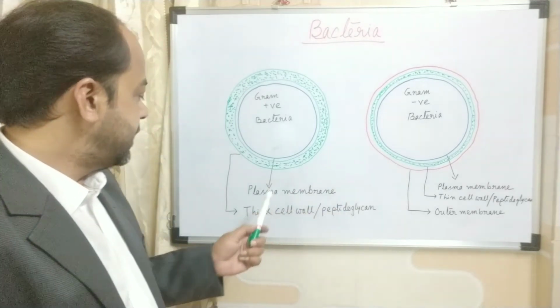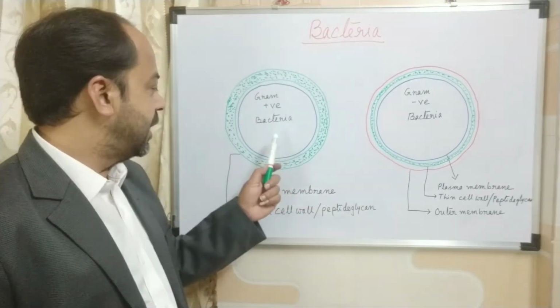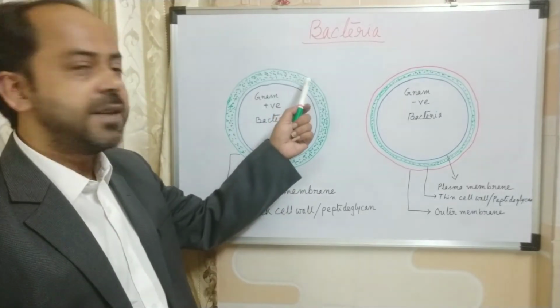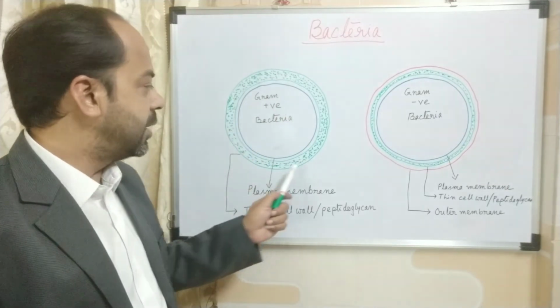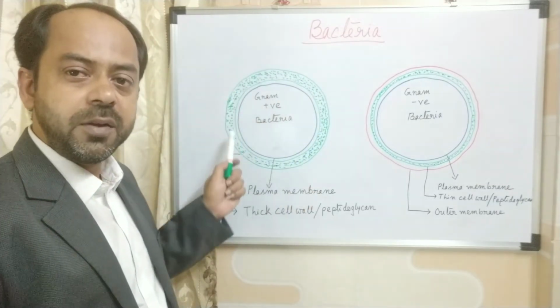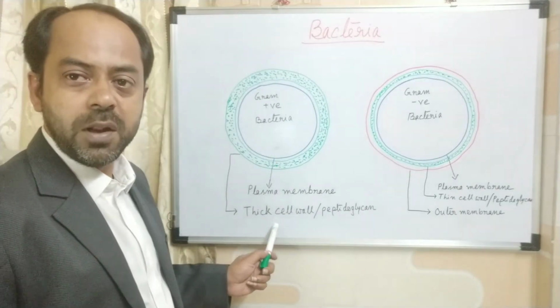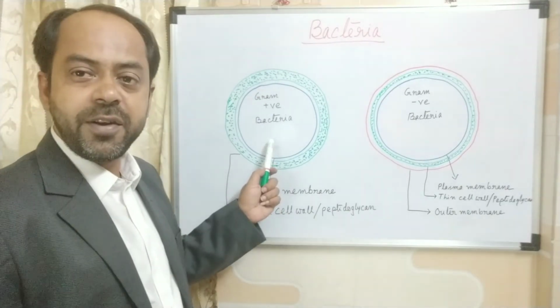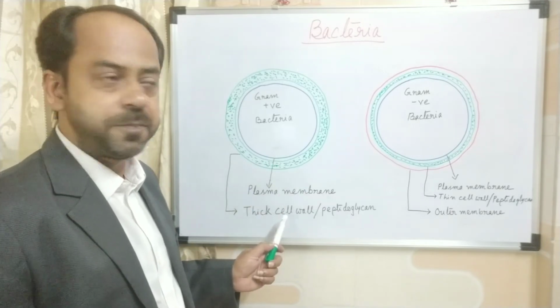The next layer is the cell wall or peptidoglycan layer. In gram positive bacteria, that layer is thick. You can see the green color layer. That is a thick layer for gram positive bacteria, so gram positive bacteria have a thick cell wall, or peptidoglycan.